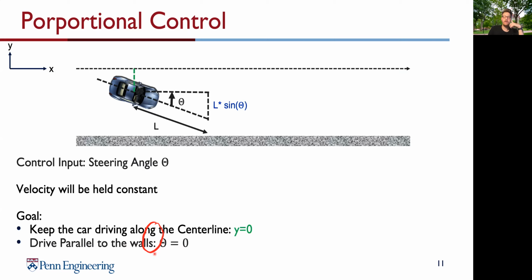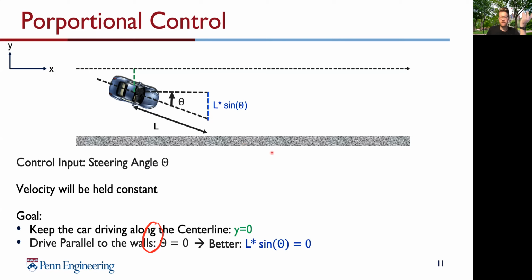What we do better is that we multiply L by the sine of theta and want this to be 0, which means the distance we calculate here from the car needs to be 0. Which means the better way is after driving L meters, we want to be still on the center line.